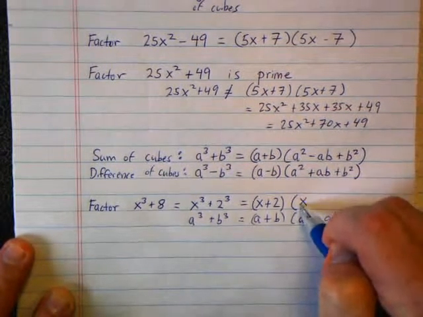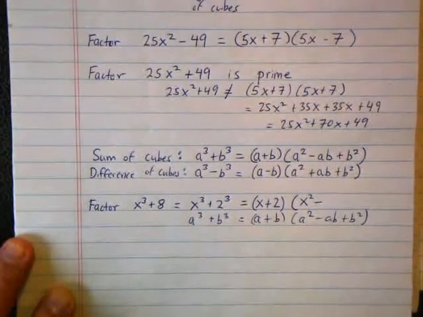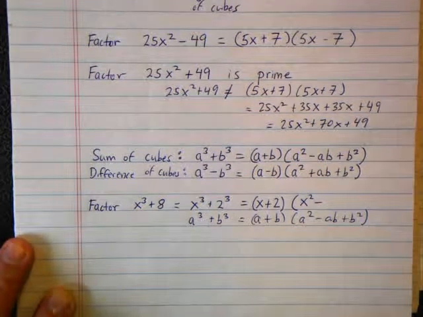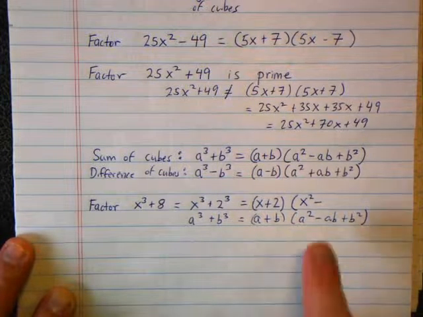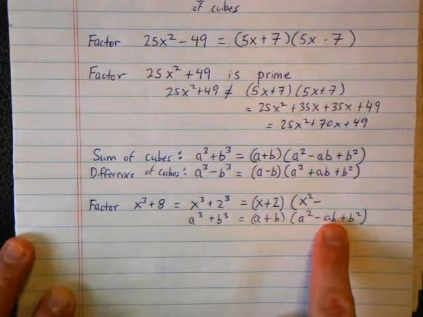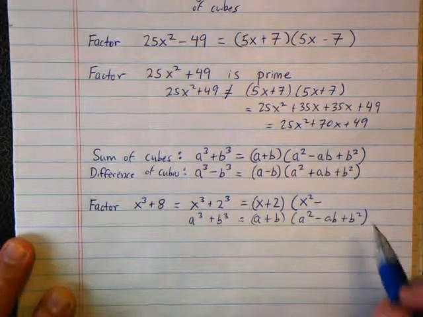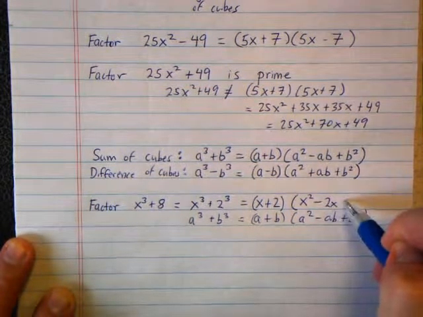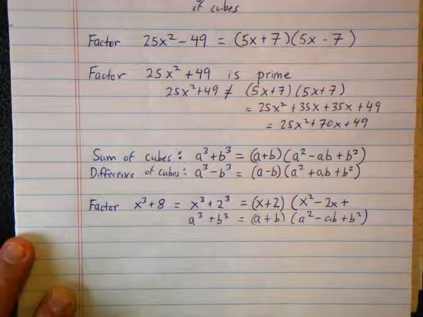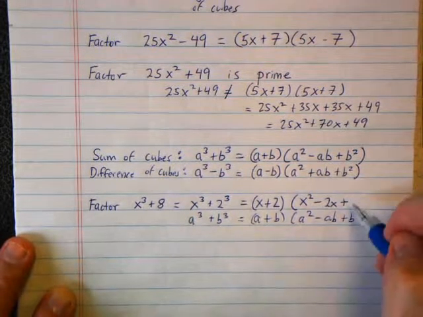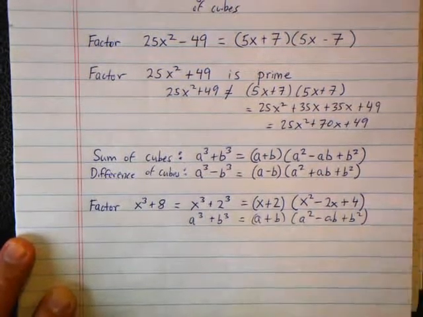A is X. Minus, what's A times B? 2x, because A is X and B is 2, so that's x2. But normally we switch it around and we write 2x. Plus, finally, what's B squared? 4. B is the number 2. 2 squared is 4.